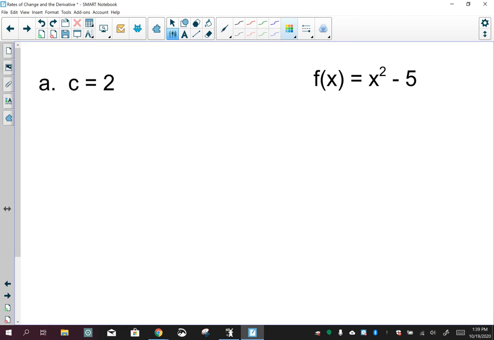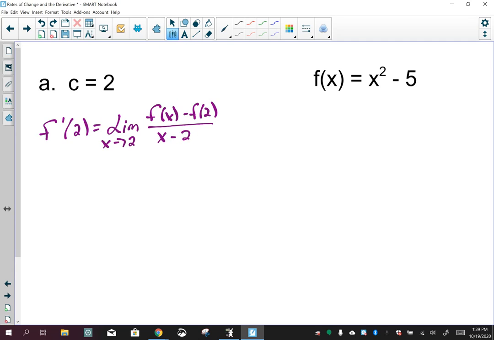That looks good. f prime of 2 equals my limit as x approaches 2 of f of x minus f of 2, because that's what we're going to focus on, all over x minus 2.